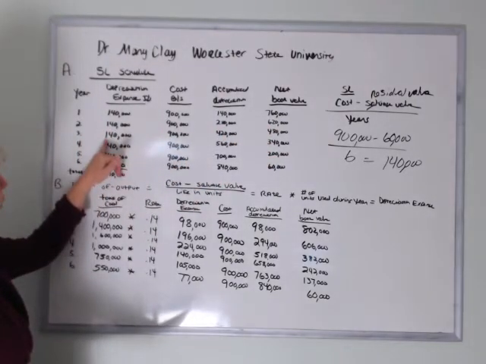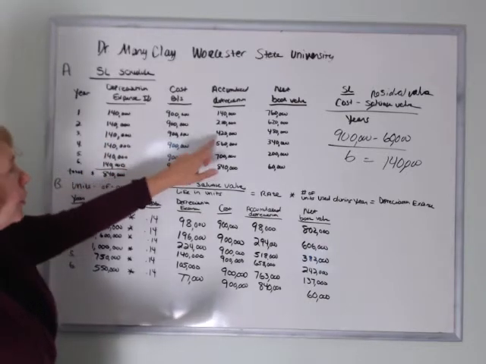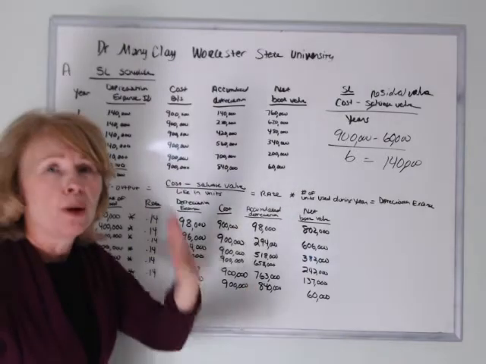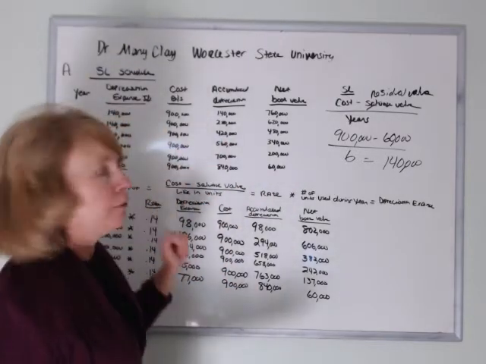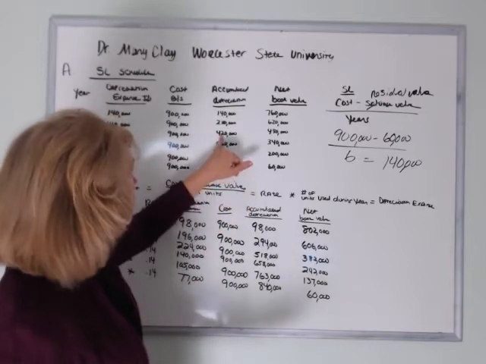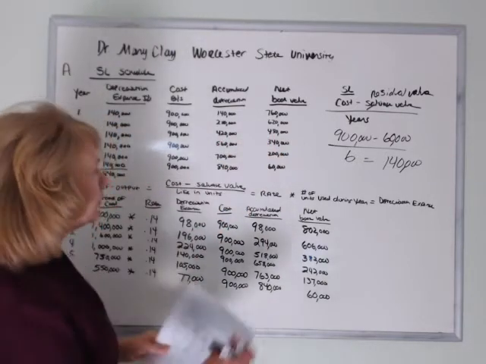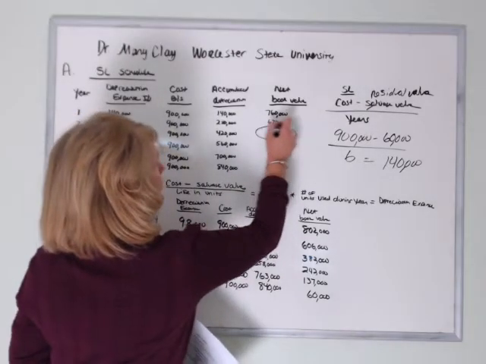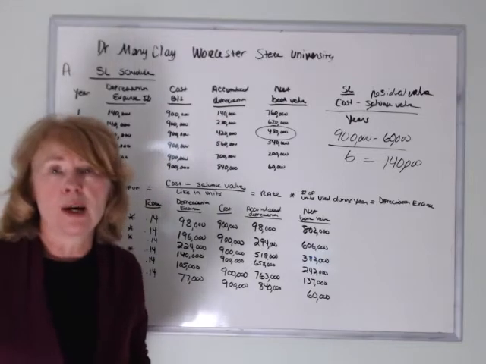Year 3, 140, your cost is 900, your accumulated depreciation is now 420. If you wanted to quickly figure that out, you could just take 140 times 3 years and then subtract that. That is your book value. Everybody remember this number. We'll use this later on, but that's how you complete the schedule for straight line.